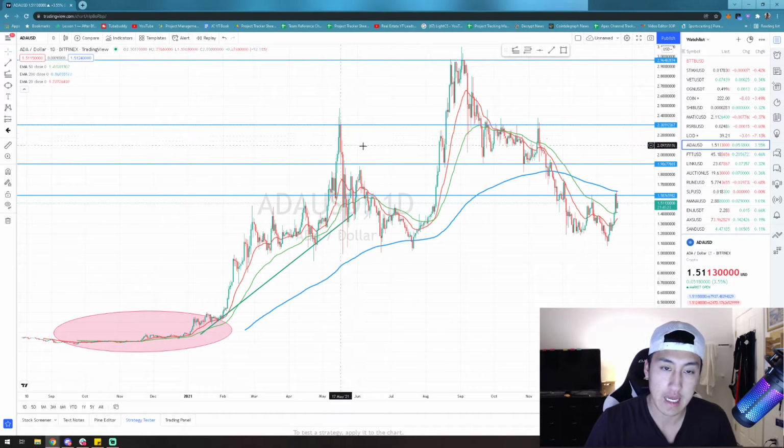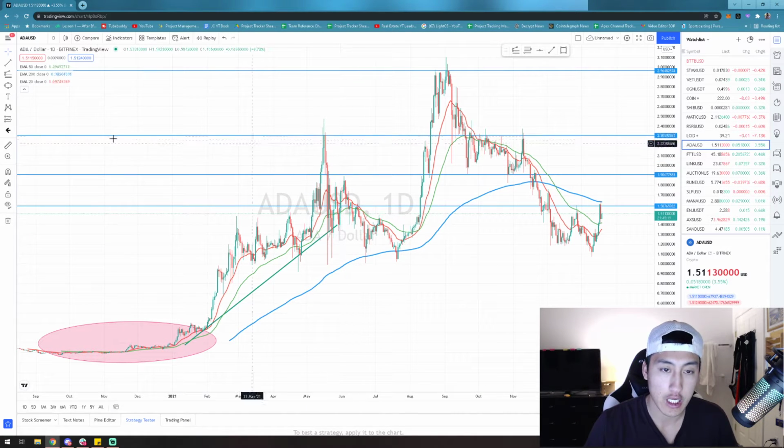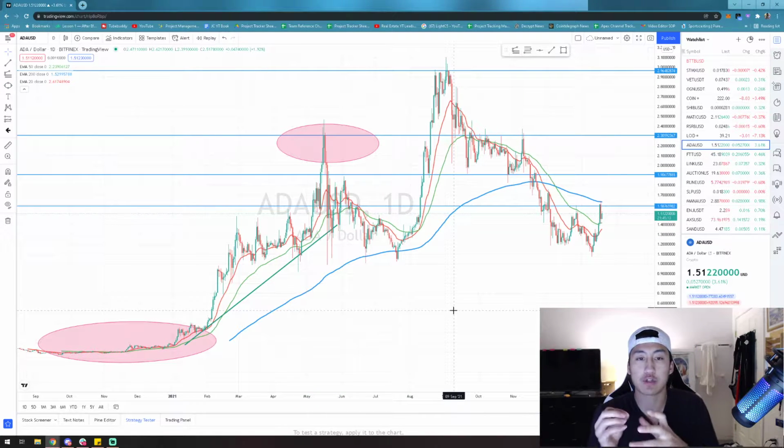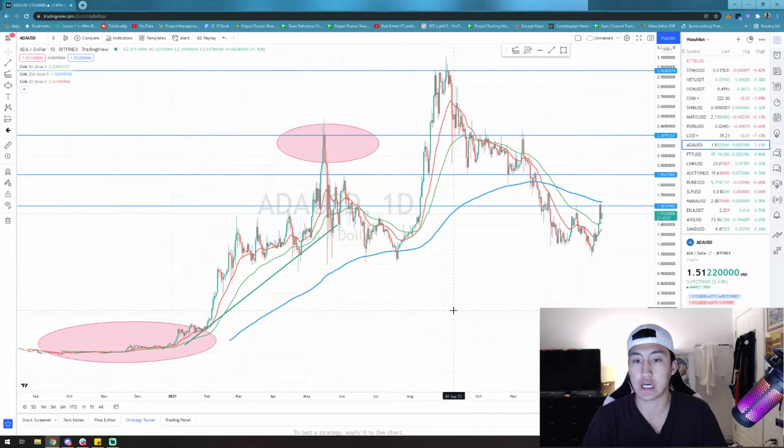Distribution, however, is at the very highest, at the all-time high level. So distribution will be this. This is the distribution. From the very beginning, the accumulation is for the people who are willing to put in a lot of money because it's low risk, high reward.